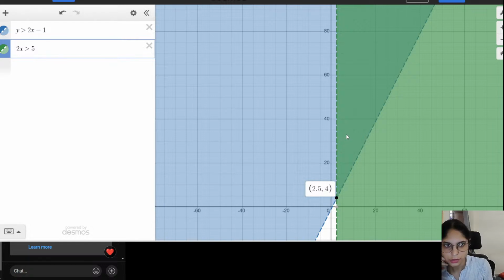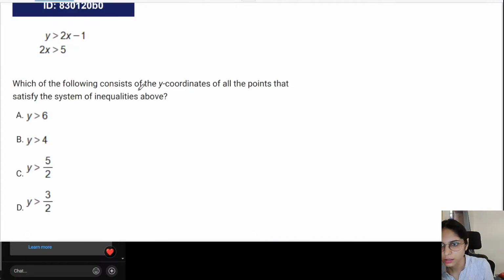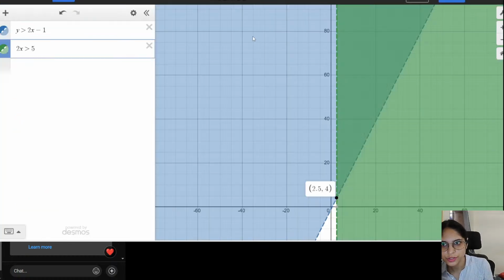So if you will see, the shaded region is when y is greater than 4. Because the value of y is 4. And you're going above 4, my bad. You're going above 4, right? So y greater than 4 is your answer.